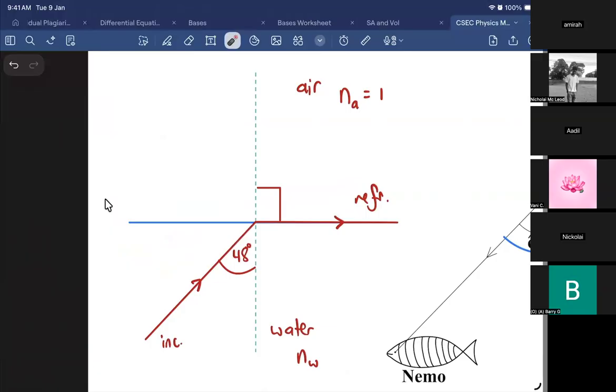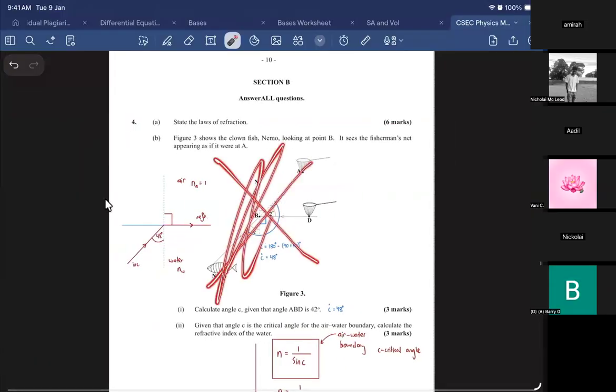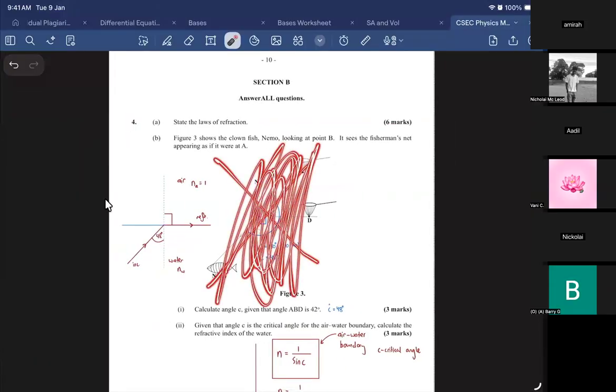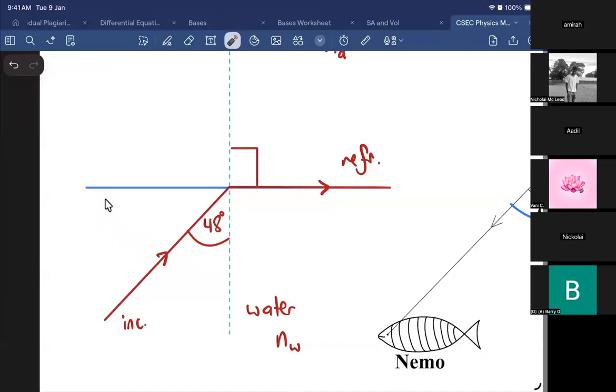Zachary, you there? Yes, sir. Right, so Zachary, I want you to forget about this diagram. Forget about this, forget about that. If the critical angle is 48 degrees, then if the angle of incidence is 48 degrees, what's the angle of refraction? 90 degrees. Right.